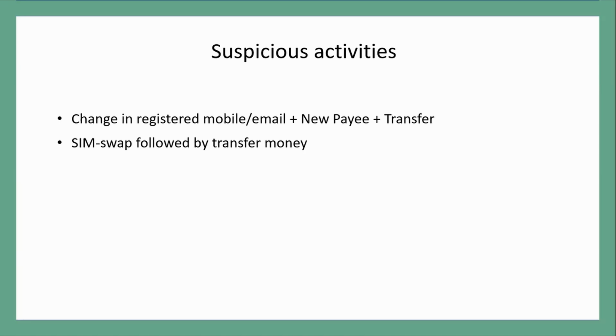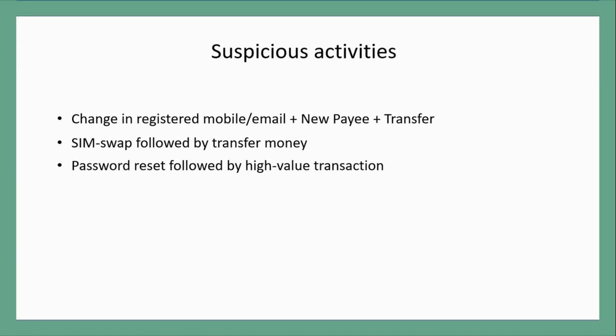So they'll give you a new SIM and your number will remain the same. But that SIM swap activity gets identified by the fraud management solution by some indicator. And if there is a SIM swap and immediately after that money is being transferred, especially to a new payee, then it becomes suspicious.